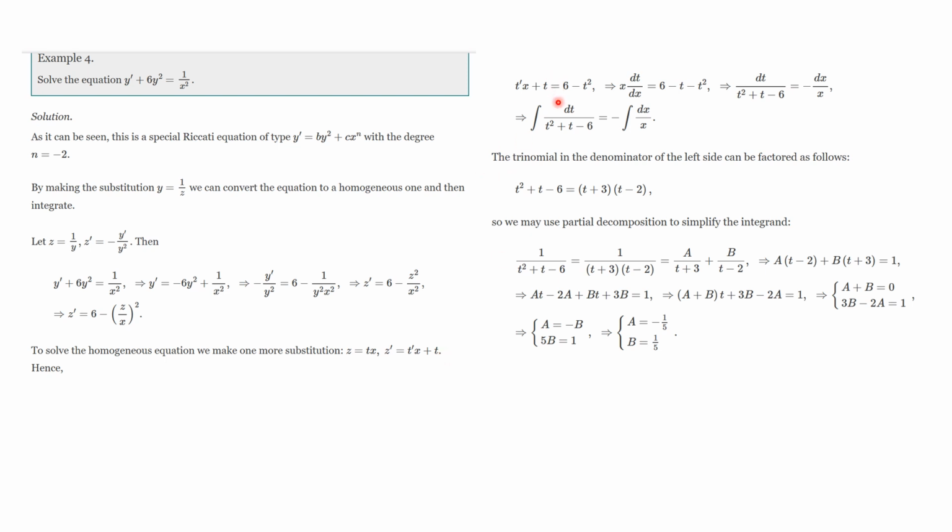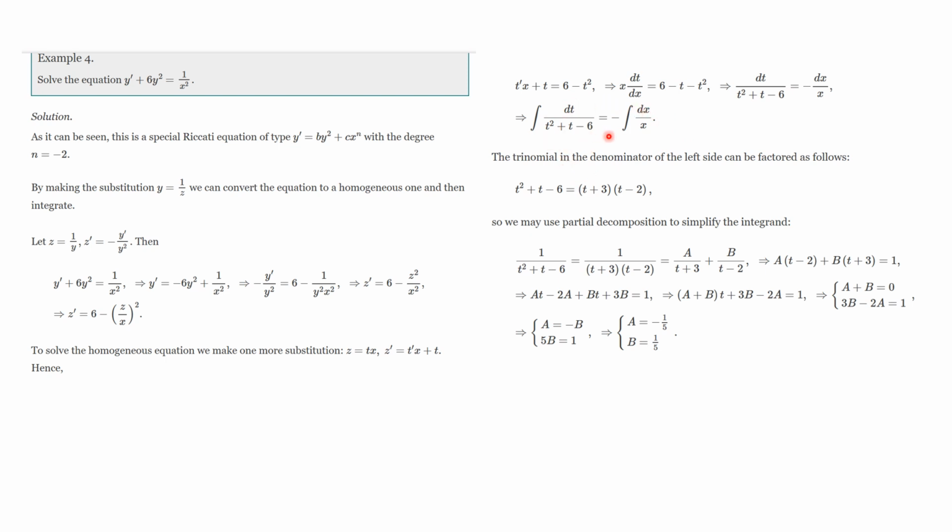And we can then separate variables after we make that substitution. And we separate the variables, and now we have a differential equation in x and t. Again, t is z over x. And so we have separated variables here now.